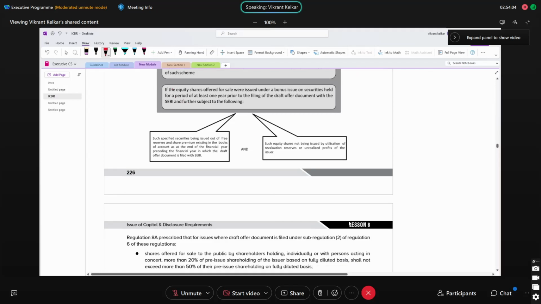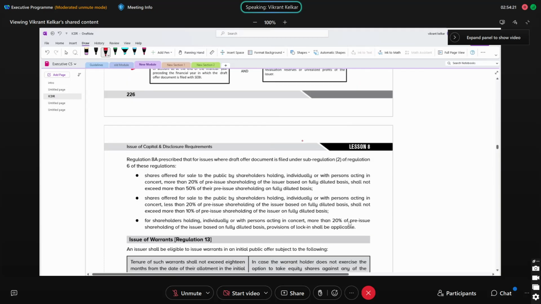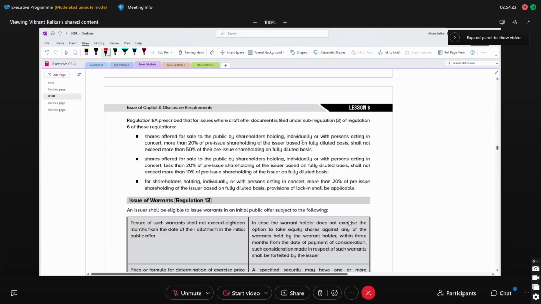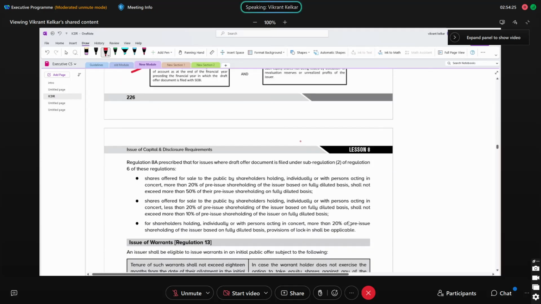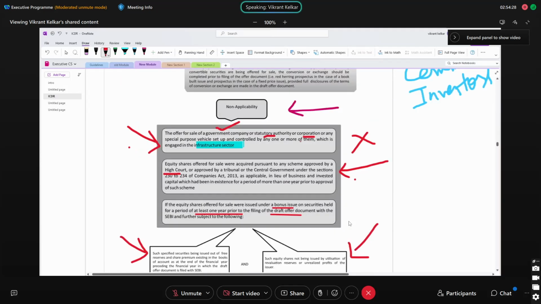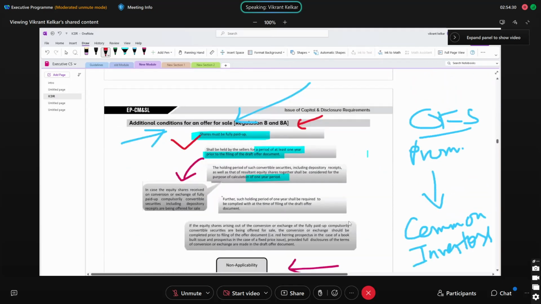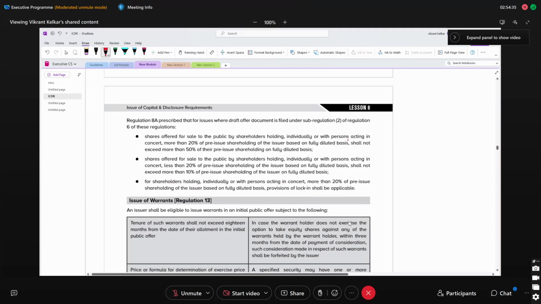And lastly, if the equity shares offered for sale were issued under the bonus issue and held for a period of at least 1 year prior to the filing of draft offer, subject to the condition that they have sufficient reserves and surplus, then these regulation 8 provisions are not applicable. The simple reason is that in offer for sale, you can sell your securities, but the share should be fully paid up and you should be the owner of the share for at least 1 year. From an exam point of view, you have to remember only these conditions.